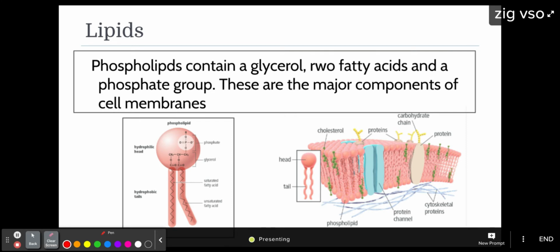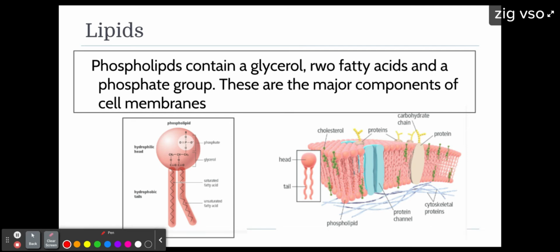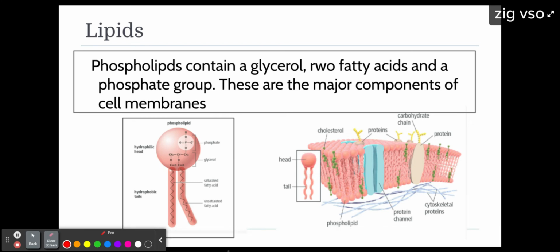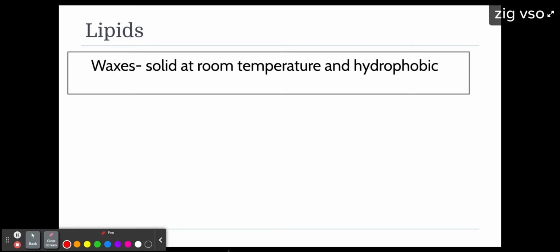So this allows the membrane to prevent water from coming in an uncontrolled way, and it prevents materials from going in and out. So you can see in this picture of the cell membrane, you have channels, you also have structural proteins, and it allows material to be controlled going in and out of the cell.